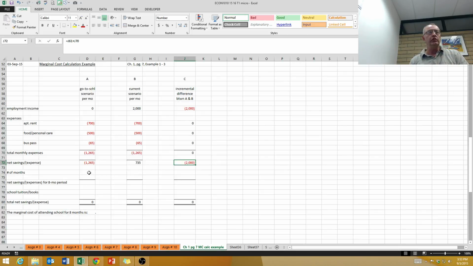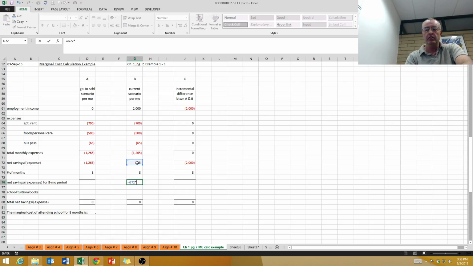If she goes to school, it's going to be for an eight-month period, and we're going to put 8 in. I like doing little spreadsheets, so I did a little spreadsheet model here. If she continues to work, that's scenario B here. She is going to have net savings at the end of this 8-month period of $5,880.